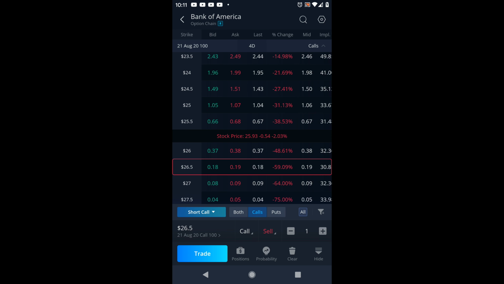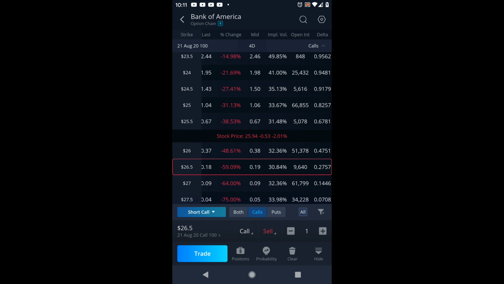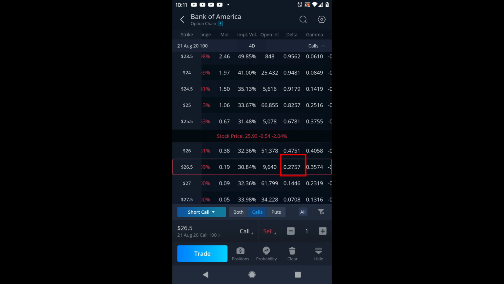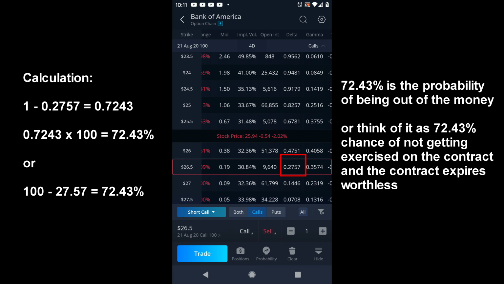At this point, you could scroll over here to the right a little bit, and you can look at the delta. The delta is about 27, so about 27%. Typically what I've been reading online is that you can subtract that. So 100 minus 27 is 73%.